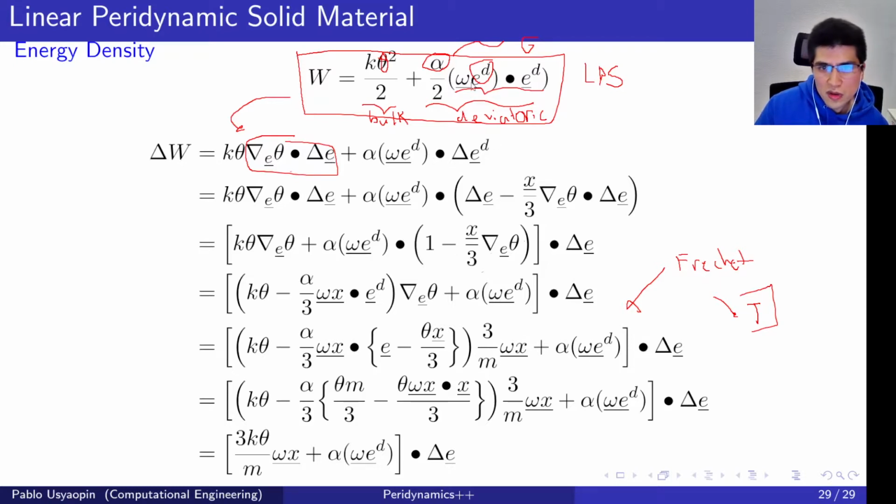Plus here you have alpha over 2, but we know that the increment in omega d dot d, the Frechet derivative will have a 2 here, which will cancel with this 2 here, and that's why we end up with this, right?